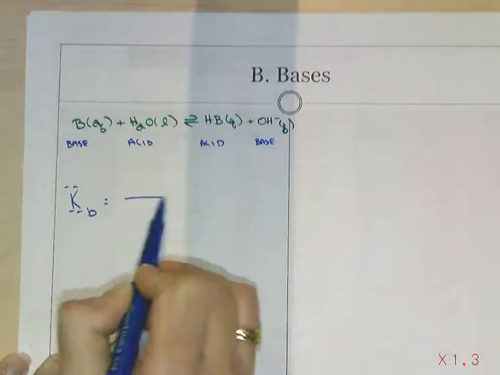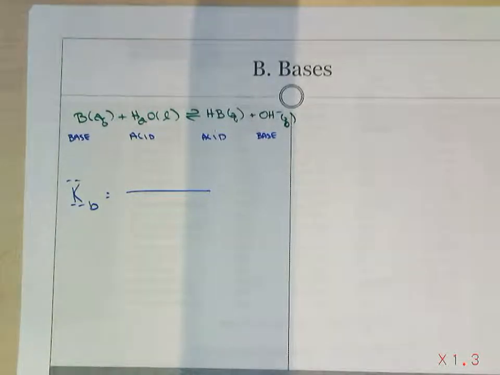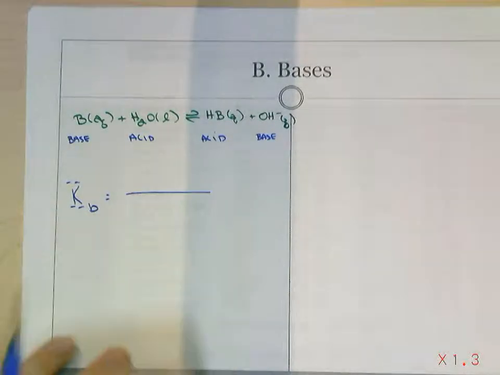So let's do the same thing, but now we'll write an equilibrium constant with the small letter b, where b tells me I'm talking about bases. So do the products go in the numerator or the denominator? Okay.